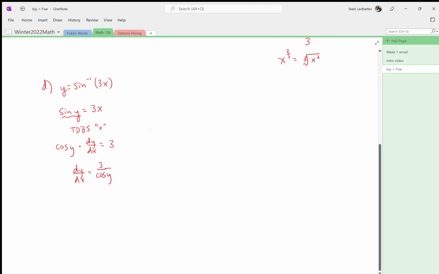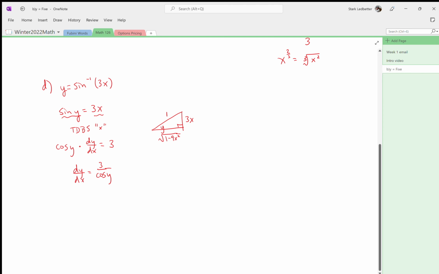Okay, now this is where you won't like this method, because now we've got a right triangle. The angle is y. The sine of y is 3x. So that means I could have a triangle with the opposite side being 3x and the hypotenuse being 1. By the Pythagorean theorem, that means this bottom side is the root of 1 minus 9x squared.